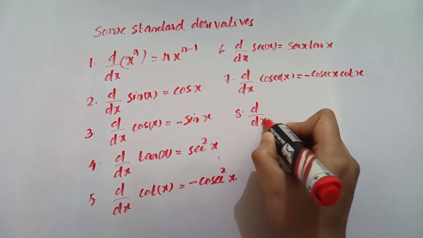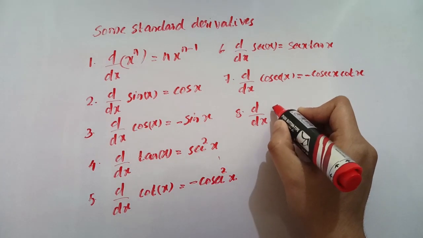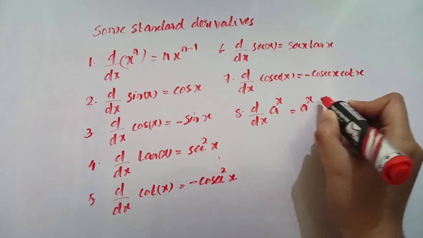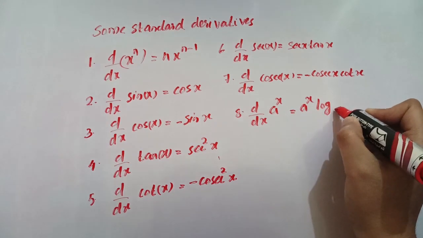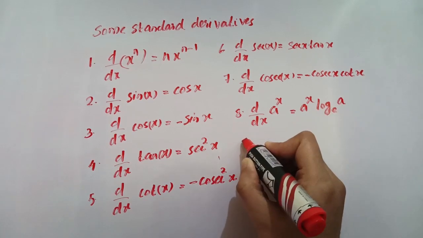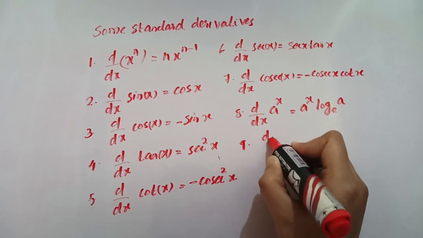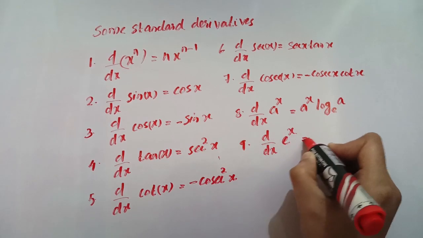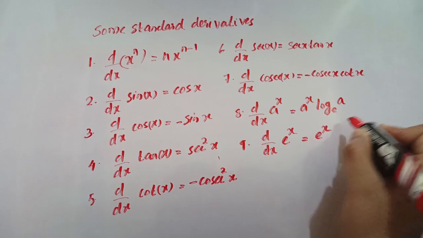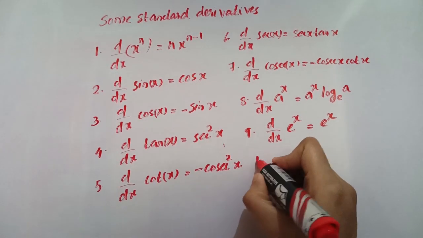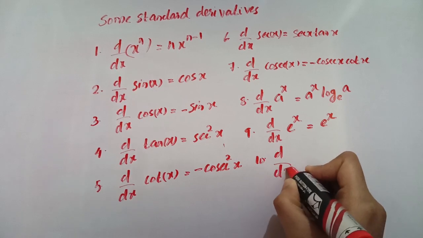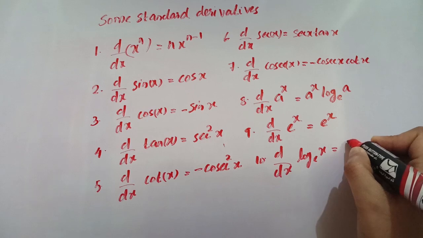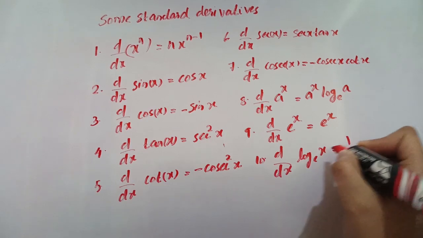Next, d by dx of a raised to x is equal to a raised to x log a. Next, d by dx of e raised to x is equal to e raised to x. Next, d by dx of log x is equal to 1 by x.